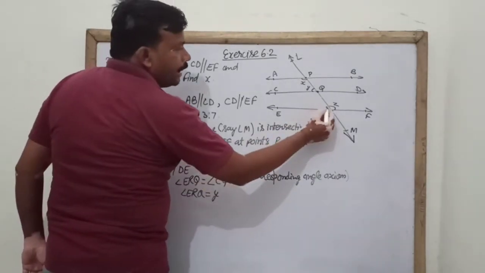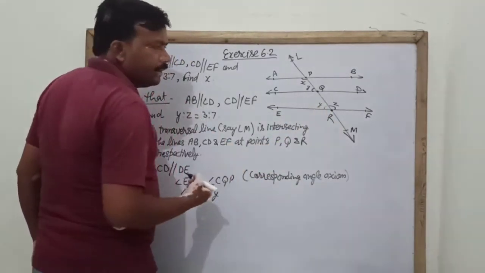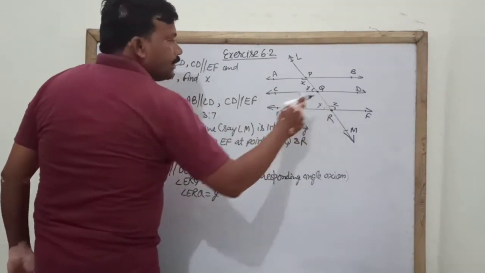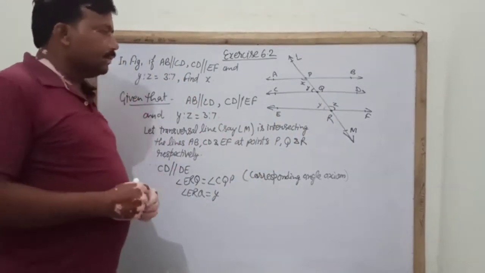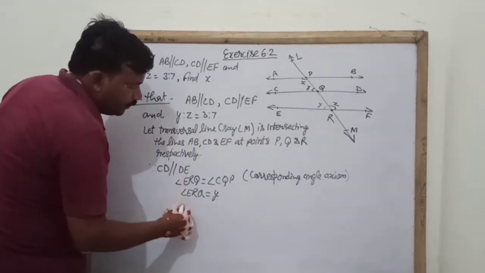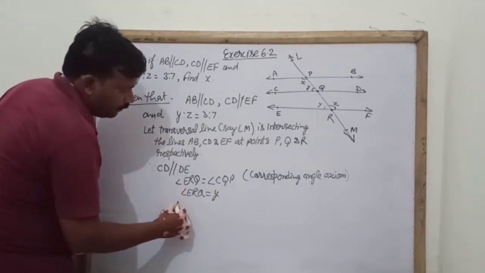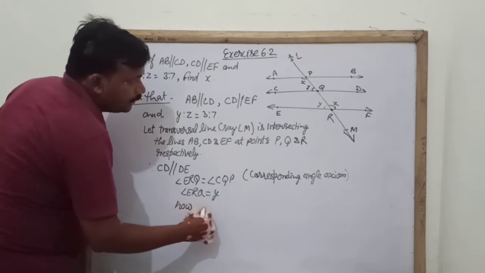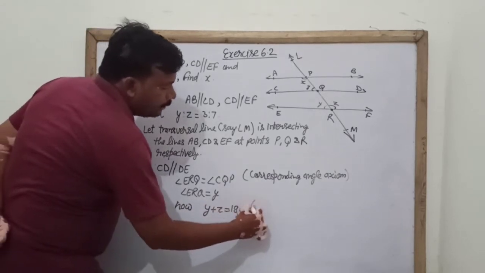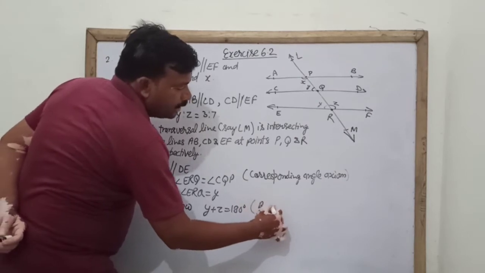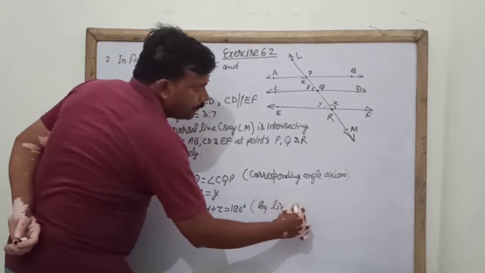Now we have found that this angle is y, and these two angles are making a linear pair. So now y plus z equal 180 degree by linear pair axiom.